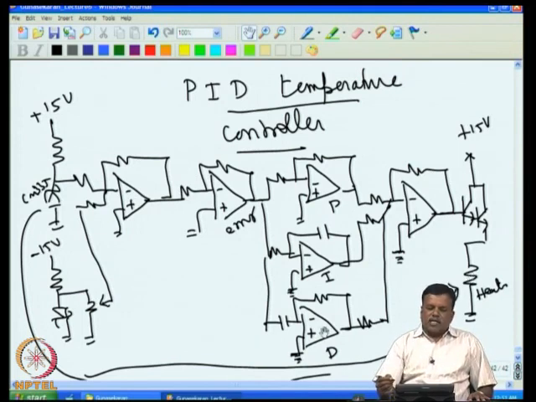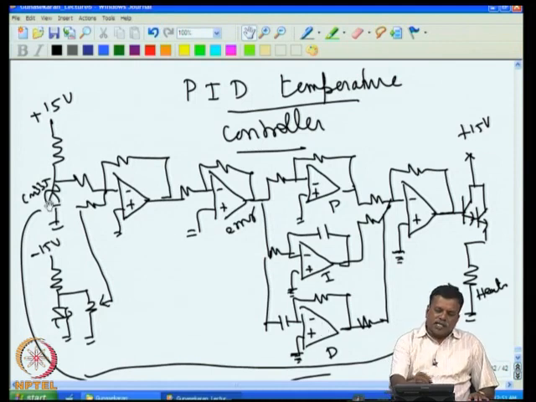But there may be a case where we are controlling a faster system. For example, we are controlling the position of a mechanical system using a motor. In that case, if I want to control the position instead of temperature, then I will give a voltage corresponding to position here, and then I will get a position feedback, and then probably I will make an arrangement to drive a motor.